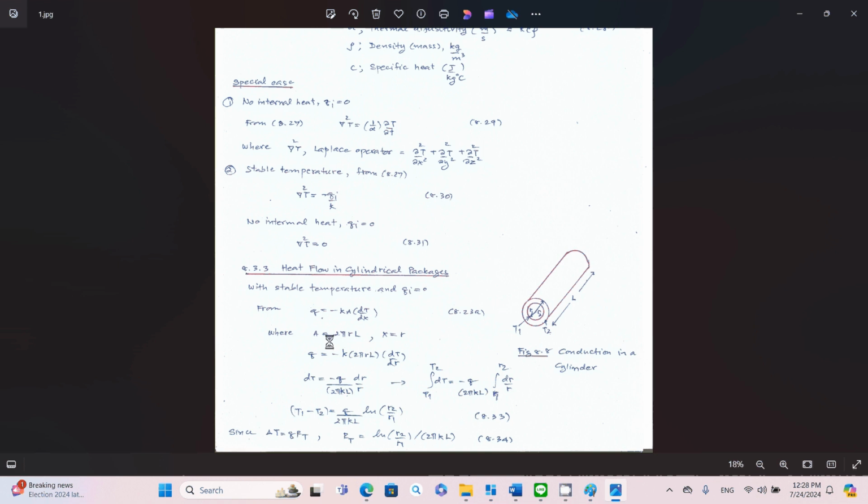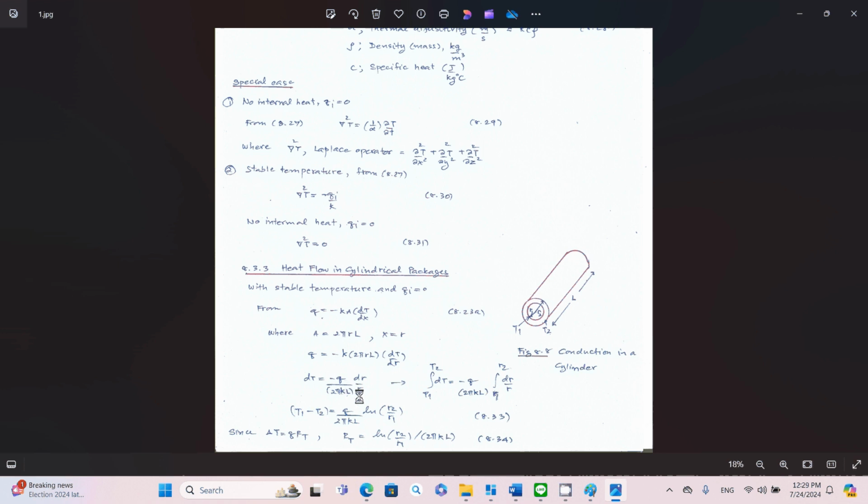The cross-section area, you determine the heat flow along the length of the cylinder. You have the cross-section area to be 2 pi RL, where R is the radius of the cylinder, an arbitrary radius. You replace x by r, and you end up with this equation.